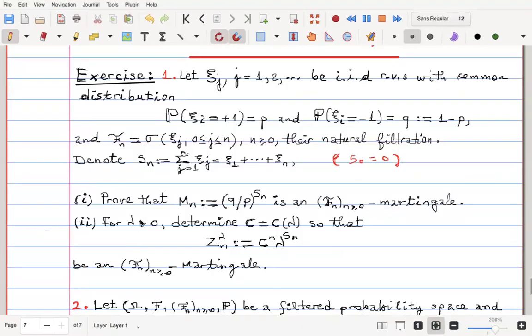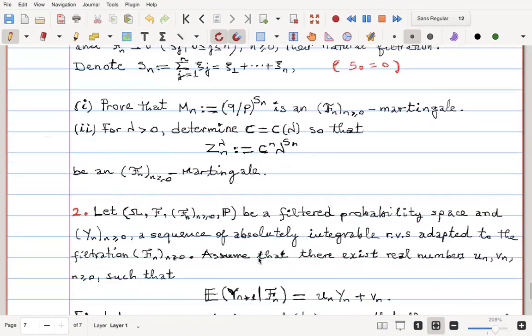And the second question is, for a fixed positive lambda, we are asked to determine the constant C, depending on lambda, so that Zn to the lambda, which is defined as C to the power of n times lambda to the power of Sn, be an Fn martingale. So you can see that things are becoming a bit complicated here.